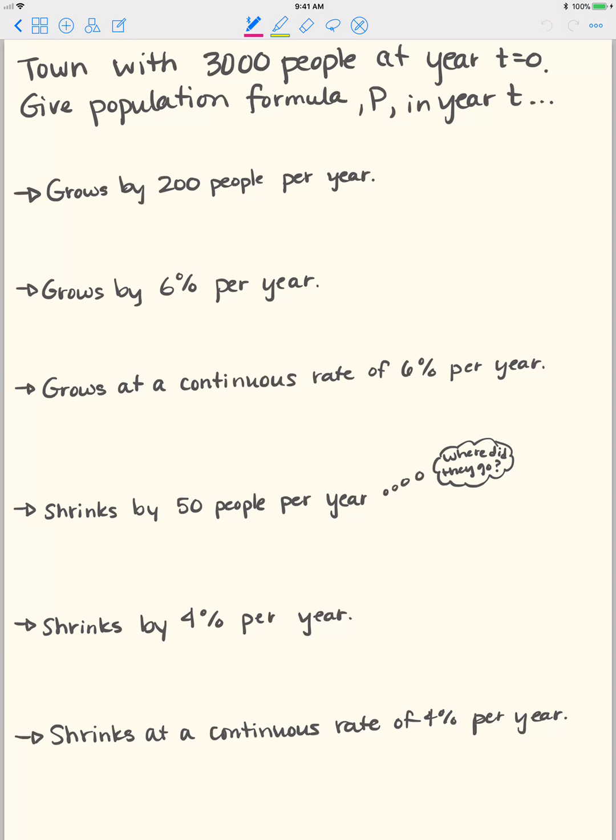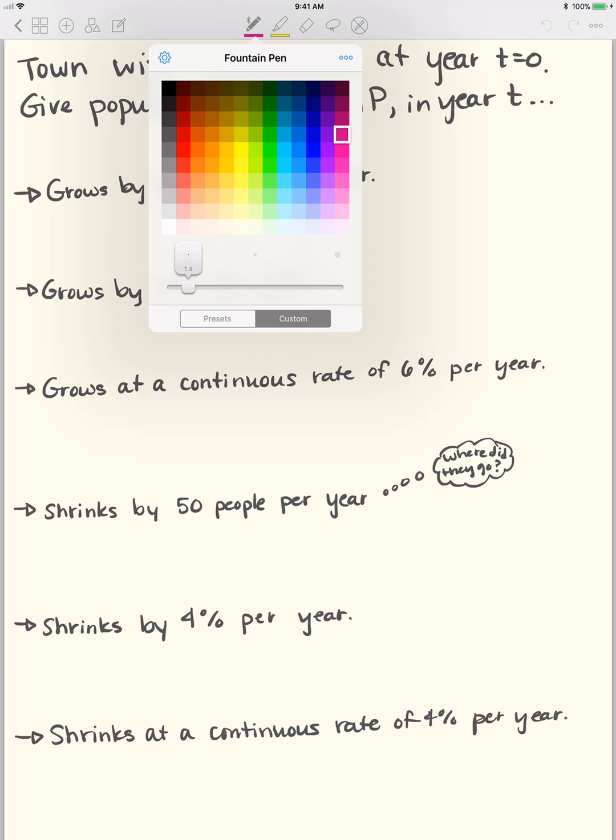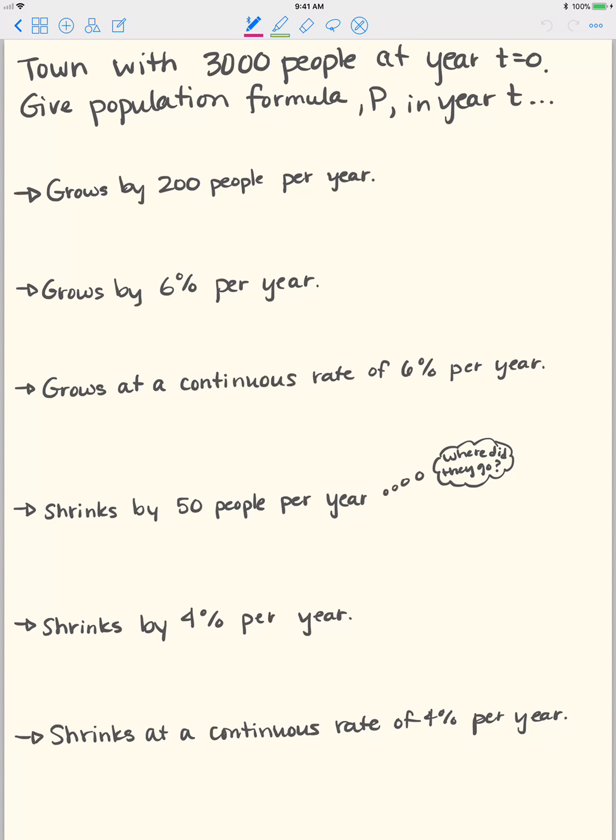Okay. Here's another word problem that appears in this section. So let's say you started with a town with 3,000 people at the initial year of 0, and you want to look at a population formula with a few different scenarios. So for the first one, if you knew the town's population grew by 200 people per year, if all you know is the number of people it increases per year, that is going to be a constant rate of increase.